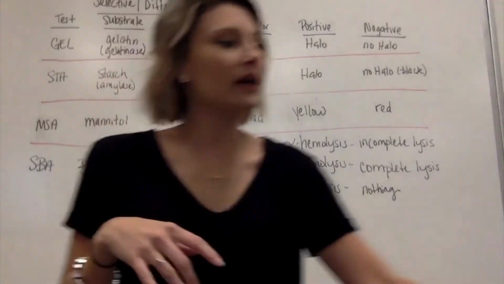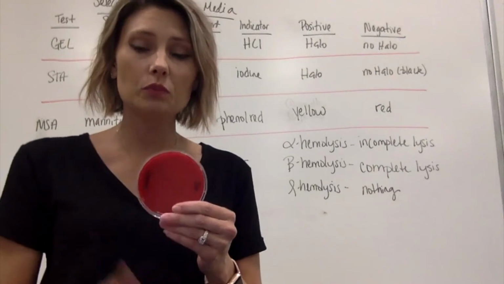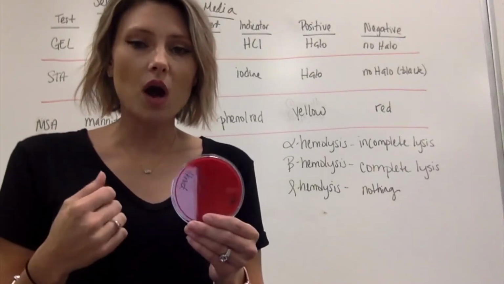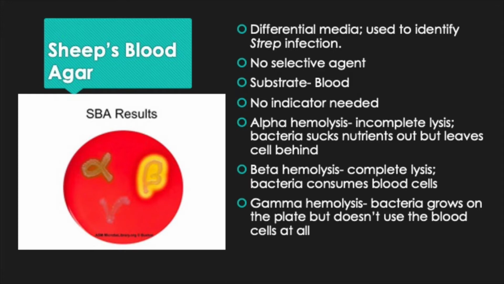So you would take a throat swab. That's what you would do with this plate. You take a throat swab, streak it on SBA, and the bacteria is not strep. Okay, so it doesn't have the ability to eat the blood.